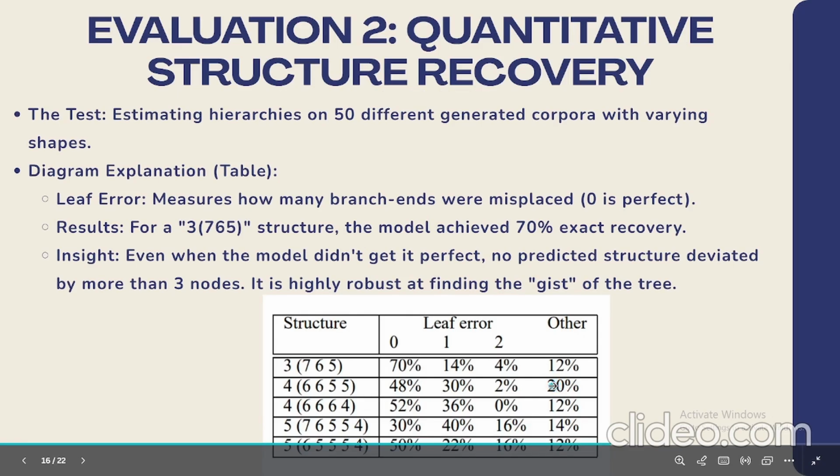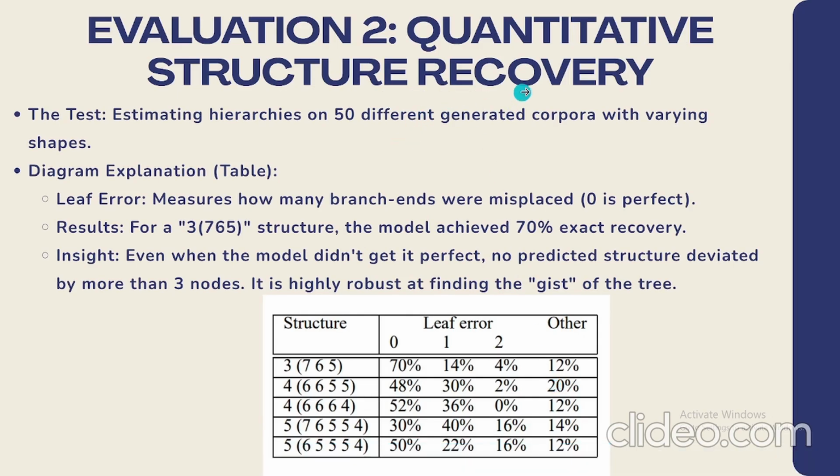Now let's move ahead to the next evaluation, which is quantitative structure recovery. This was performed on 50 different generated corpora with varying shapes. In the previous models that we have seen so far, the models were not performing well when we had varying shapes of data, or we can say varying shapes of the trees.